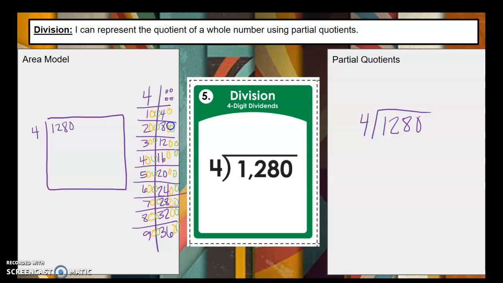Ooh, that one's close. Right there. Okay, so we're going to take out a group of 300. I'm going to write it on both of mine, same place, and then subtract 1,200 on both of them. Okay, you end up with 80 and 80.